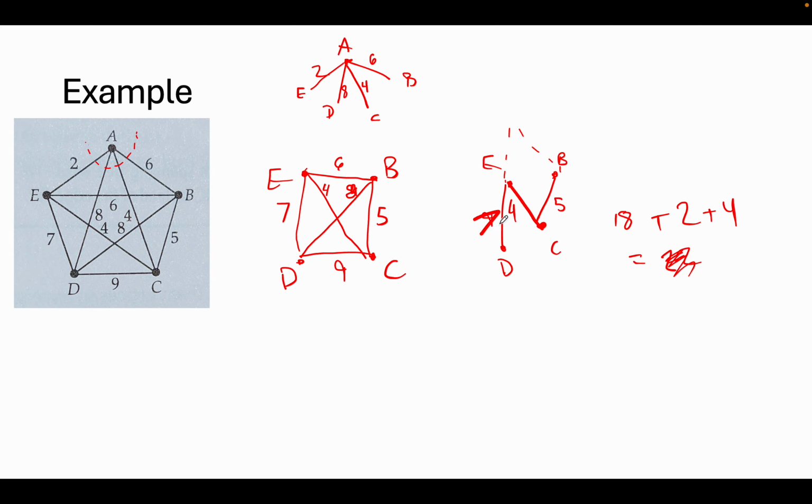I did. 7 plus 4 is 11, plus 5 is 16. 16 plus 2 is 18, plus 4 is 22. Okay, so this is our lower bound for the weight.